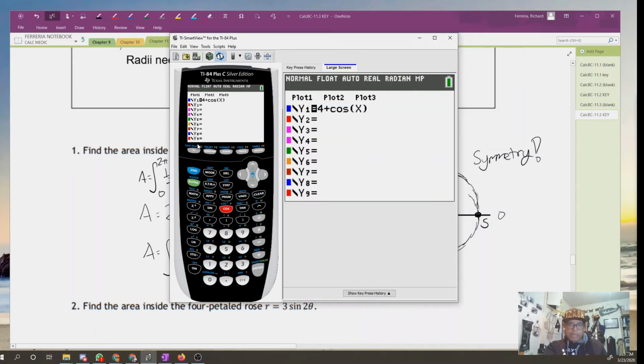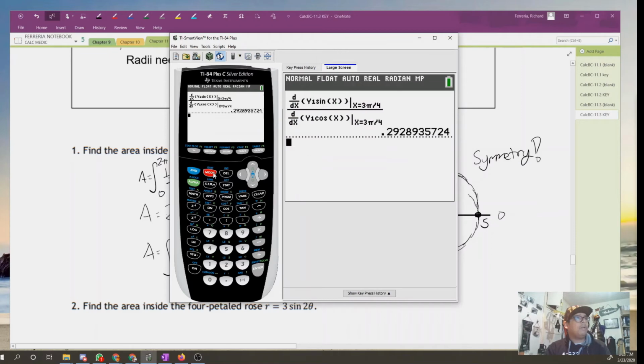Remember, there's no need for you to put this into polar mode. This will work just fine if you are in function mode in your calculator. So got that radius in y1. Going to go to the home screen, and we're going to integrate.